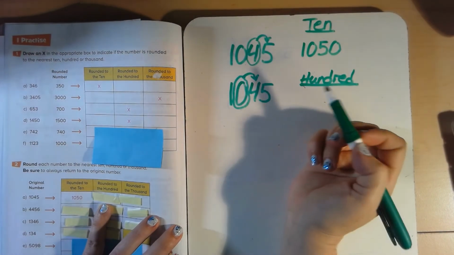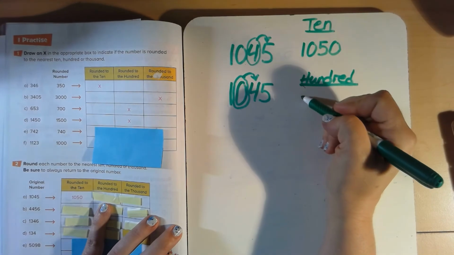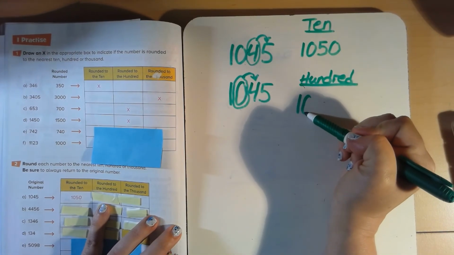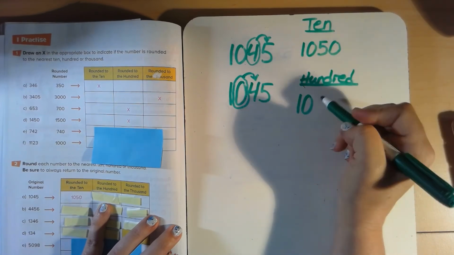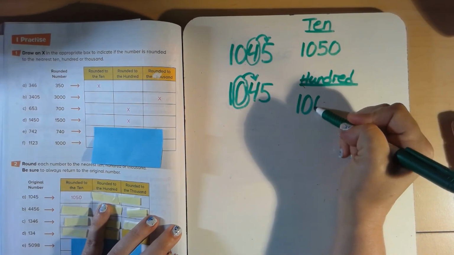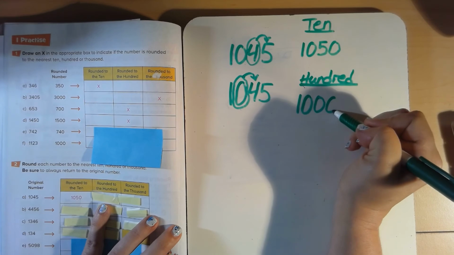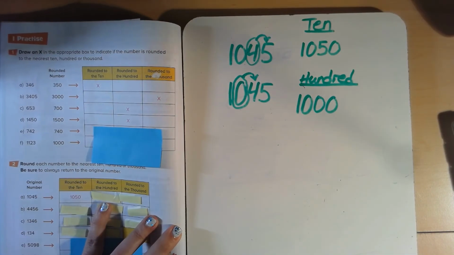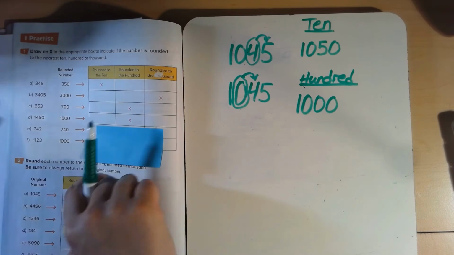So I know that a 4 is less than 5. So I'm going to keep the 0 the same. I don't have to round it up. So I have 1 0, and then I fill in zeros for my other two positions. So 1,045 rounded to the nearest hundred is 1,000.